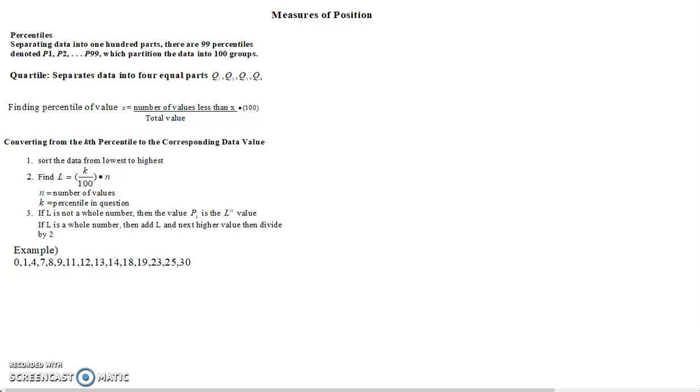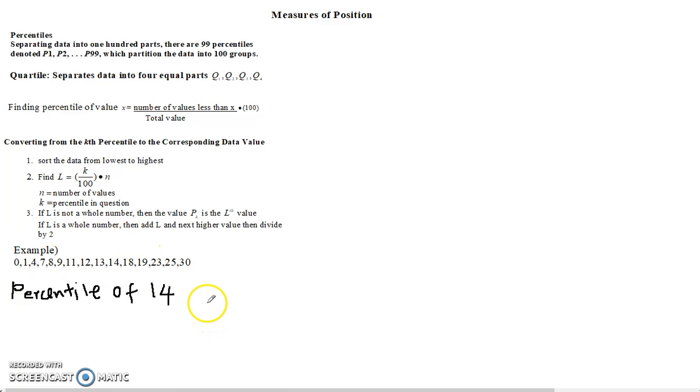So I have an example here of the data. Let's assume that we are looking at finding the percentile. I want to find the percentile of value 14 from the example that I just wrote up here.